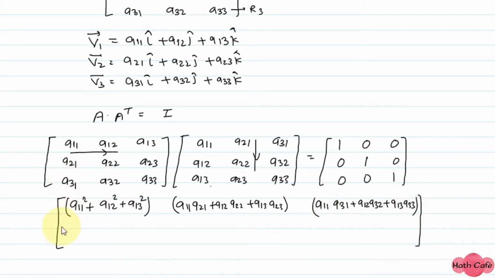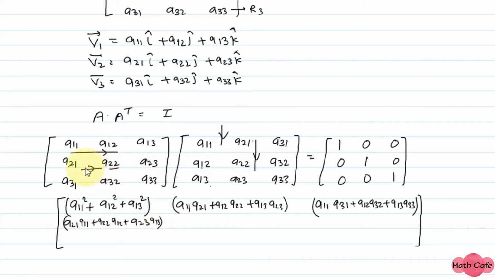And let's move to the second row. This row will be multiplied by column number 1, so we get A21 multiplied by A11 plus A22 multiplied by A12 plus A23 multiplied by A13. This is the first element of row number 2.